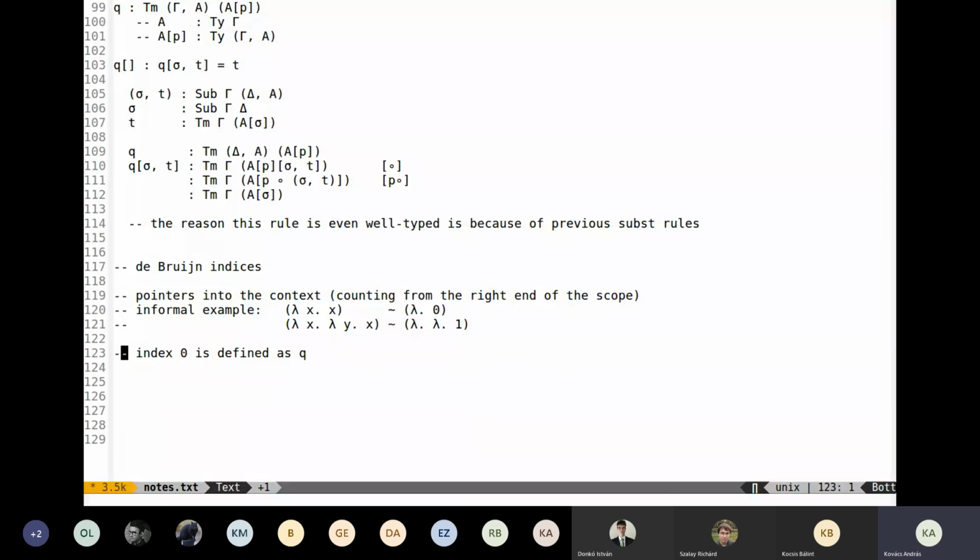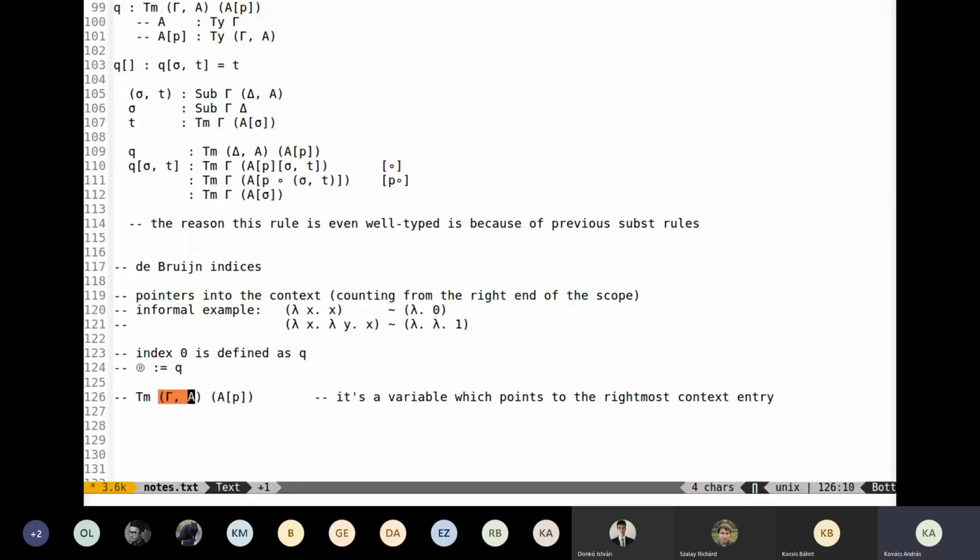Okay, so the de Bruijn index 0 is just defined as Q. And then what is the type of Q? It's a term in an extended context with this type. This is just what the 0 de Bruijn index is. It's a variable which points to the rightmost context entry.